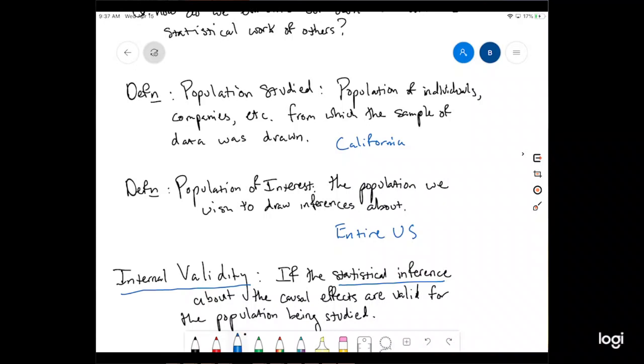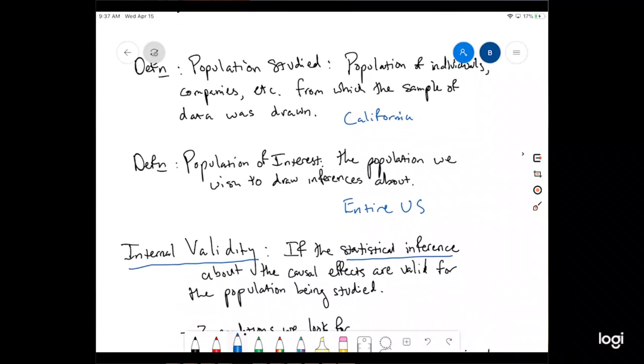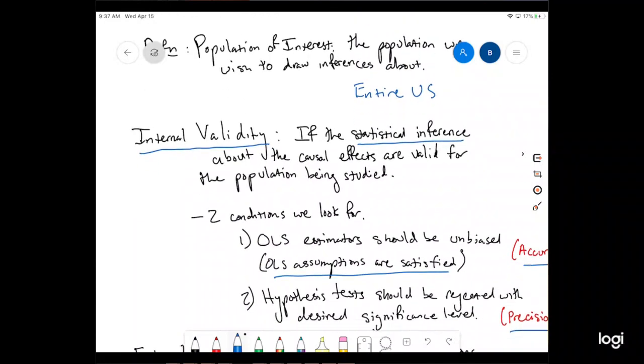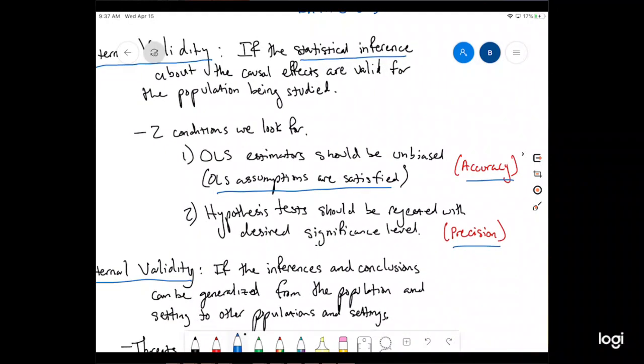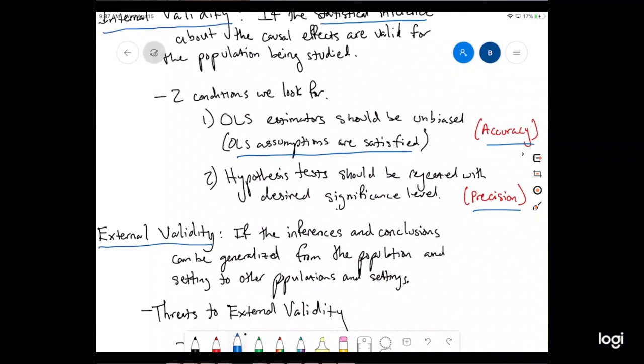Not considering the entire U.S. right now, just thinking about the population studied. Do we believe the estimates for the population studied? That's internal validity. And we want these two conditions to hold. We want our OLS assumptions to hold, and we want our model to be estimated with at least 95% confidence, rejecting our hypotheses with at least 95% confidence.